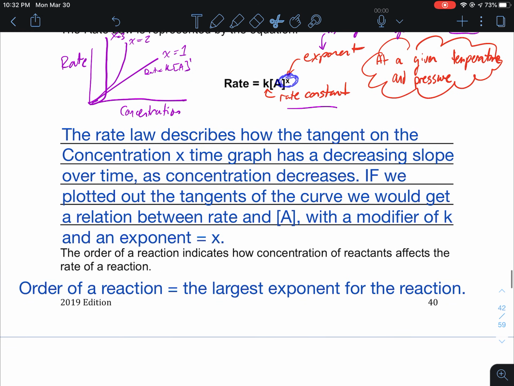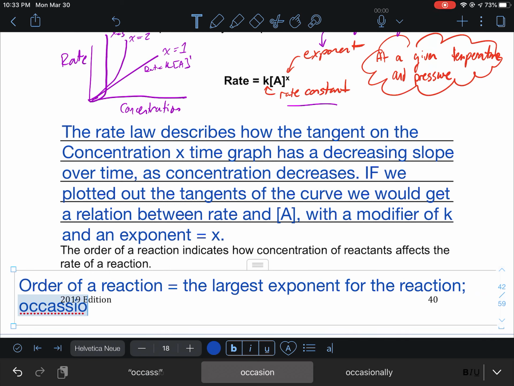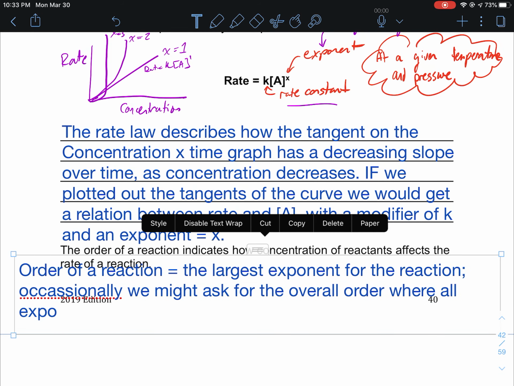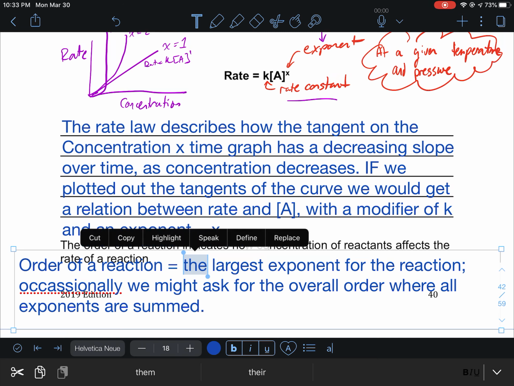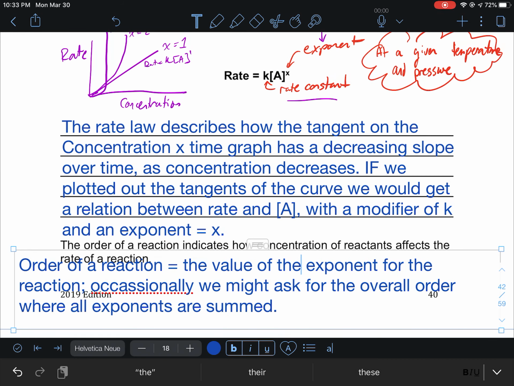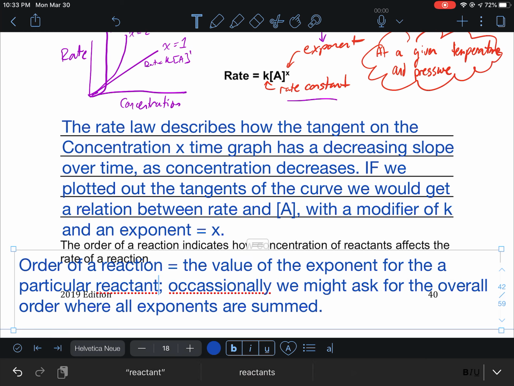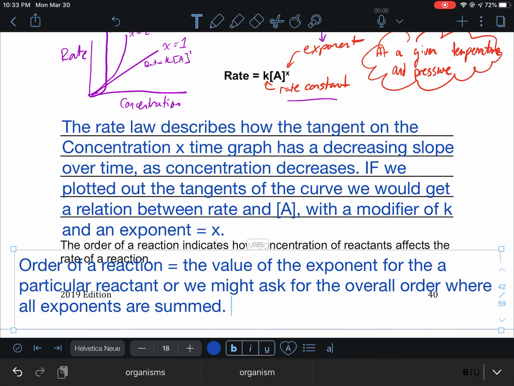Actually, I think the order of the reaction should be the value of the exponent for a particular reactant, or we might ask for the overall order where all the exponents are summed.